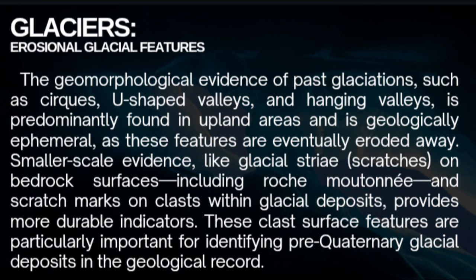These surface features are particularly important for identifying pre-Quaternary glacial deposits in the geological record. While large landforms are impressive, these smaller features are crucial for identifying ancient glaciations in the rock record.